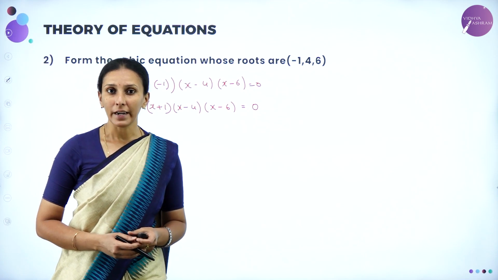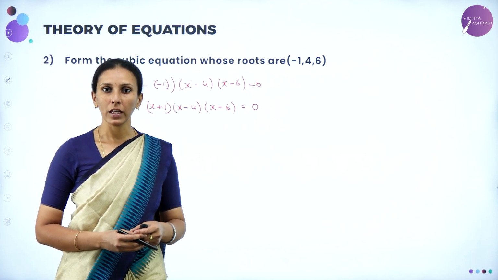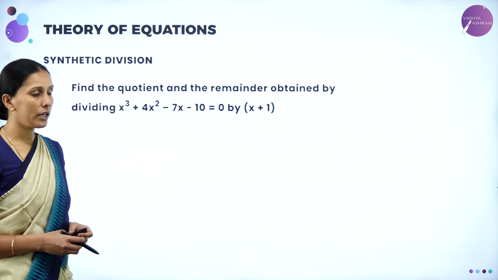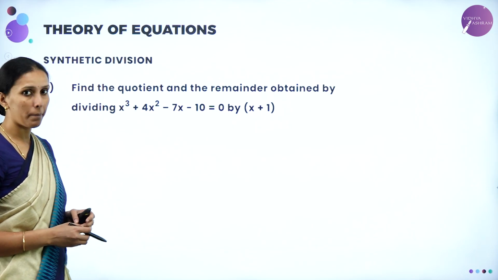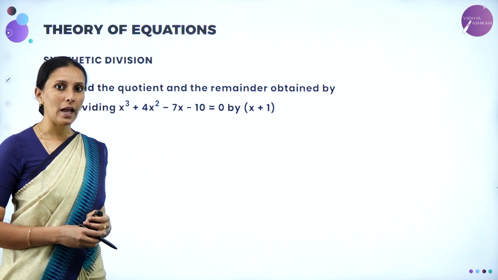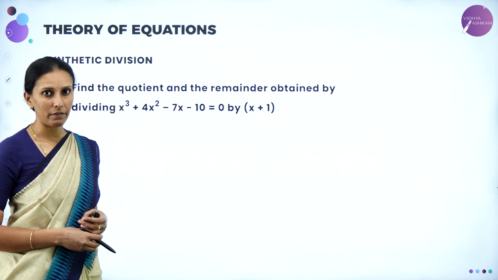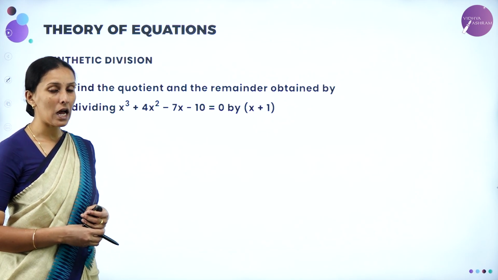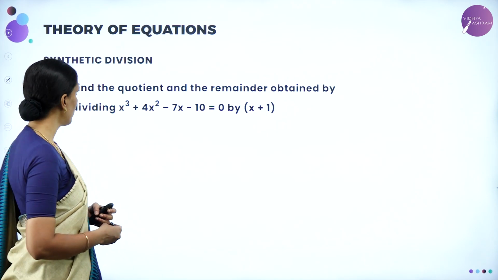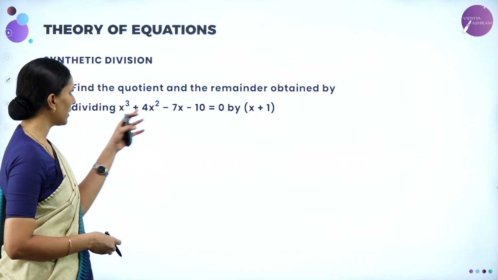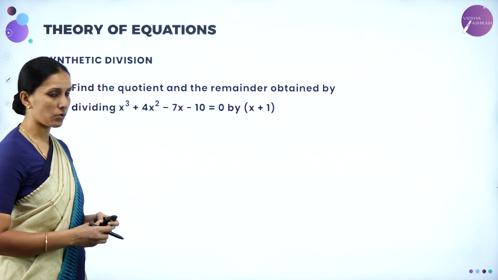Now we will study the method of solving the cubic equation. So here in this session we are going to learn about the synthetic division method. That means we can find the roots of the cubic equation using synthetic division. Before that, let us see how the synthetic division works. Find the quotient and remainder obtained by dividing the given cubic equation by x plus 1.